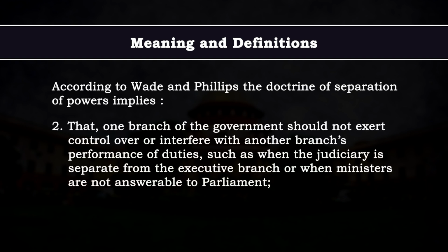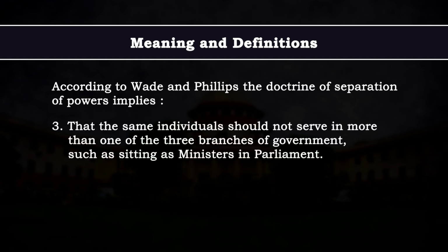Number two, that one branch of the government should not exert control over or interfere with another branch's performance of duties, such as when the judiciary is separate from the executive branch or when ministers are not answerable to the parliament. Third, that the same individuals should not serve in more than one of these branches of the government, such as sitting as minister in the parliament.